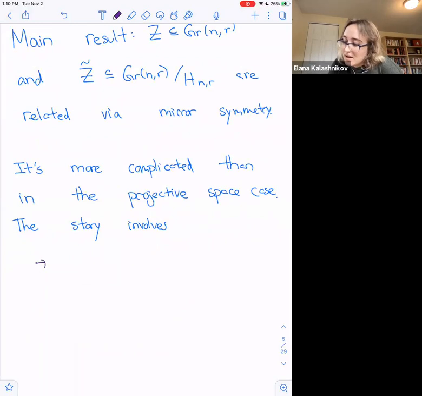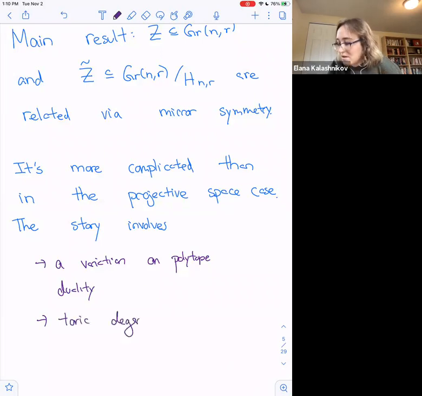And so the story I'm going to tell you today is going to involve some of these ingredients here. So it's going to involve a variation on polytope duality, the polytope duality that is the basis of Batyrev-Borisov mirror symmetry. It's going to involve toric degenerations. It's going to involve some toric variation of GIT and some toric blowups.